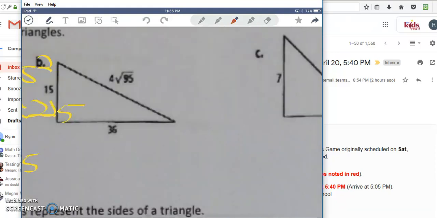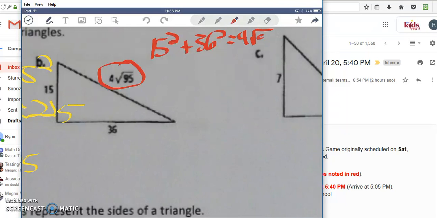So when we look at the second one, our c in this one is going to be this one here. So let's set this up. We have 15 squared plus 36 squared is equal to 4 times radical 95 squared. 15 squared is 225, plus 36 squared, which is 1,296.